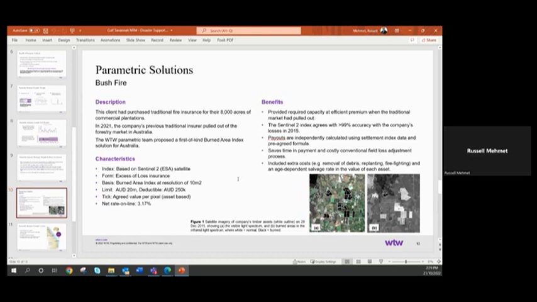A formula is set based on what the loss would be if there is a loss, and the calculation is done and the claim settled based on the difference in the two different colours, I guess. Sounds very simple, and I believe, apart from what goes into the underwriters' minds in knowing about shape maps and all that sort of thing, which they need to get to price it, that's the basic concept of what they do. And the one we have up there is an existing case study of an existing client, which happens to be in Victoria.